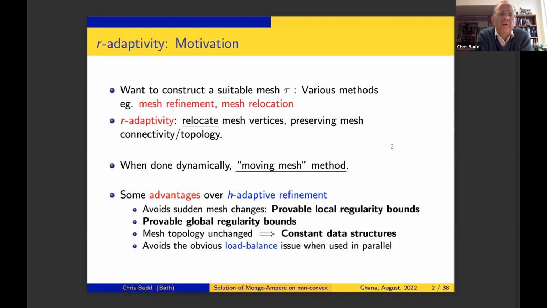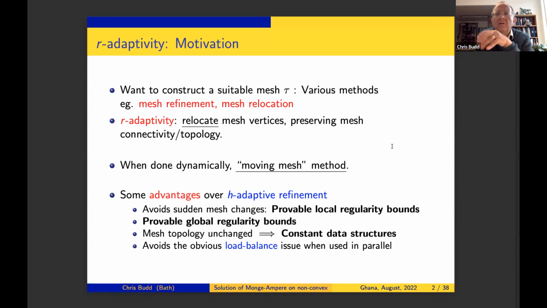An alternative method, called r-adaptivity or mesh relocation, is where you take a mesh with a fixed number of points, and rather than subdividing the triangles, you move points closer to each other where you think the solution may have a higher error, or move them further apart where the solution may have a lower error. This is called r-adaptivity or relocation adaptivity.